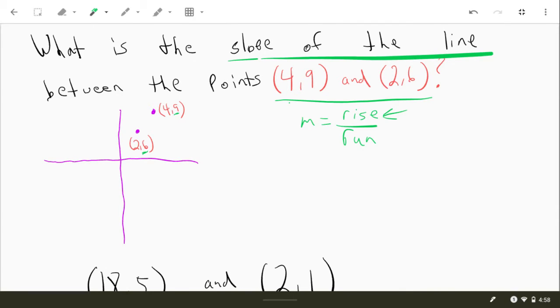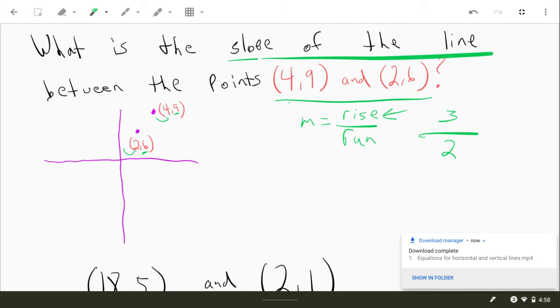So our rise is going to be 3. And then the run, or horizontal distance, comes from the x values, which are the 2 and the 4 here. From 2 to 4, that's just 2 over. So it's going to be 3 on top and 2 on the bottom. And it is positive because you can tell from the actual graph that it is a positive slope.